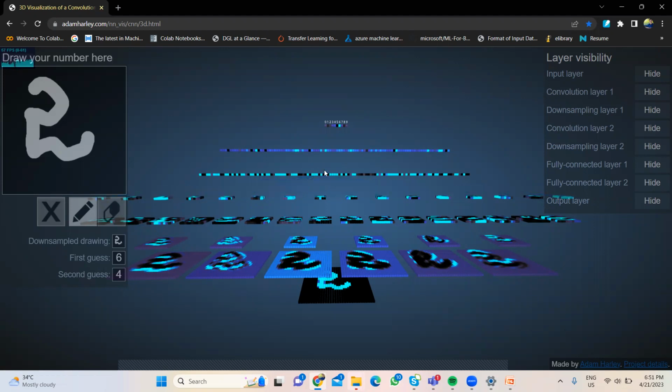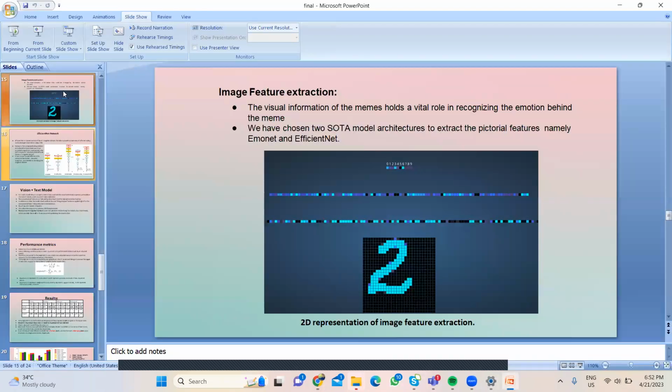The 2D image is 48 by 48, but we are converting it into a 512 by 1 vector, so you are converting a two-dimensional vector into a single-dimensional vector. These 512, and TweetEval gives an output of 768. Combined, these 768 and 512 give around 1,280. You concatenate those two layers, use that as the input, and then follow up with dense layers.